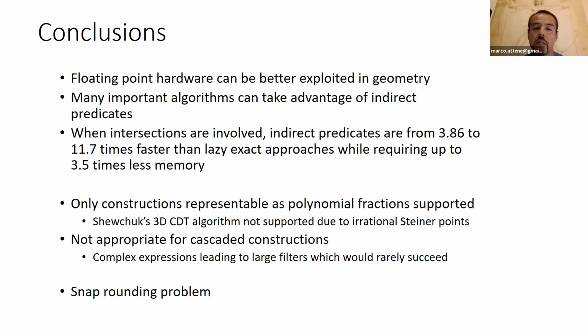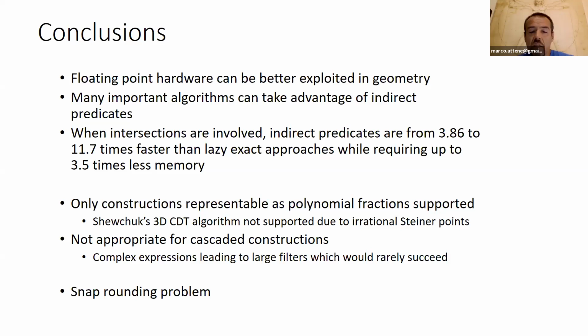Indirect predicates can be used only for constructions that are representable as fractions of polynomials. For example, if you want to construct the constrained Delaunay tetrahedrization of an input mesh using, for example, Shewchuk's algorithm, you can't use indirect predicates because this algorithm requires some Steiner points with irrational coordinates.